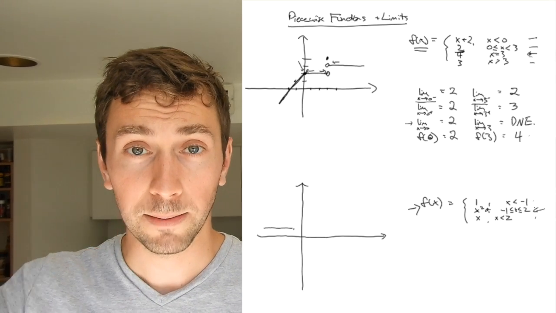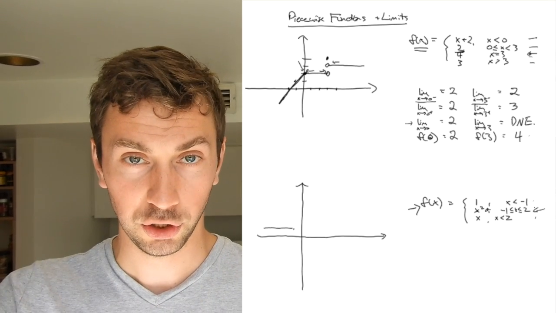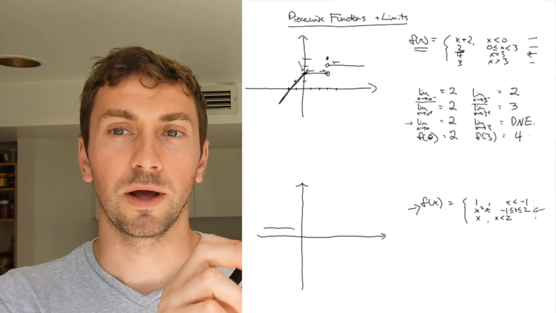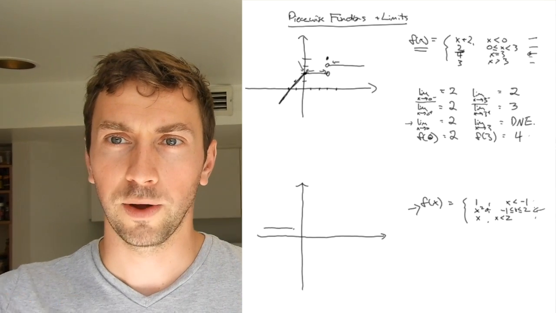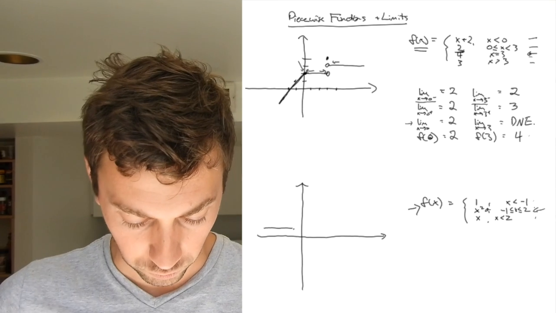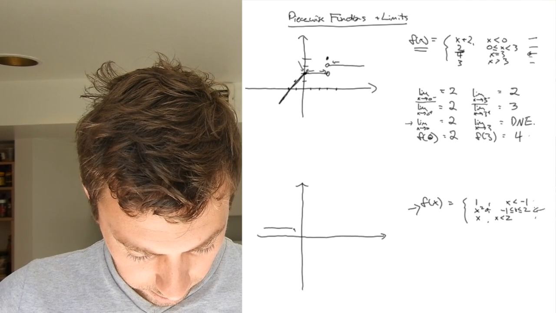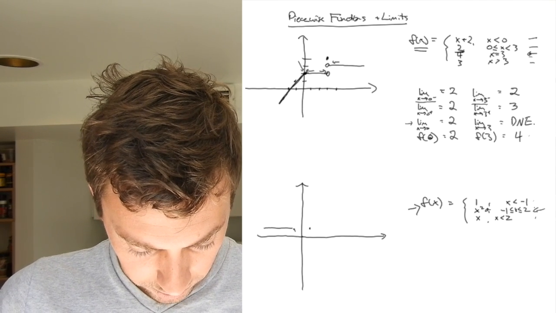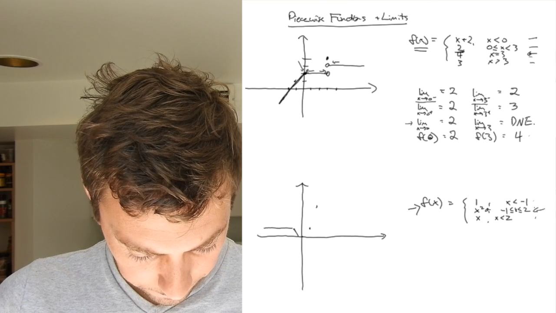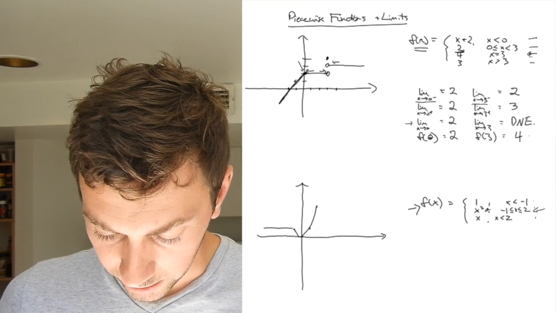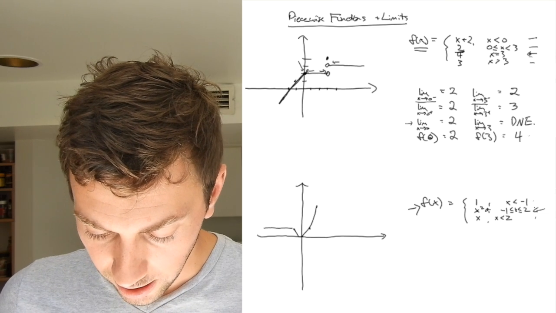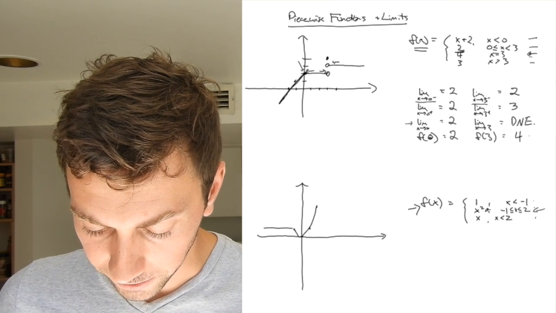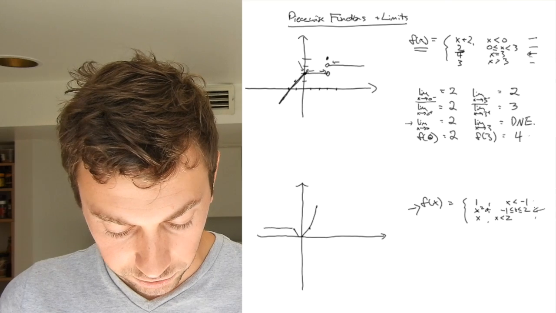So I'm just going to draw the parabola from -1 to 2. So the first point is -1, y is 1, and it goes all the way up to x is 2, y is 4. And you notice it's less than or equal to on both sides.